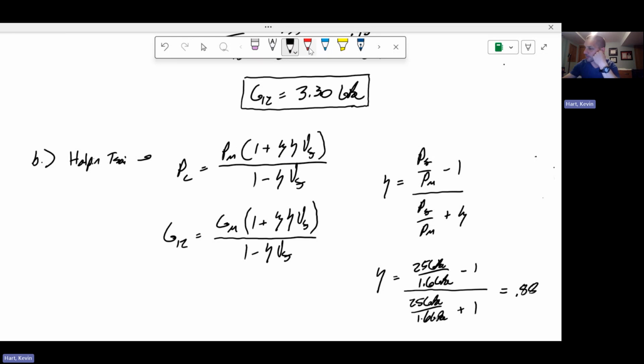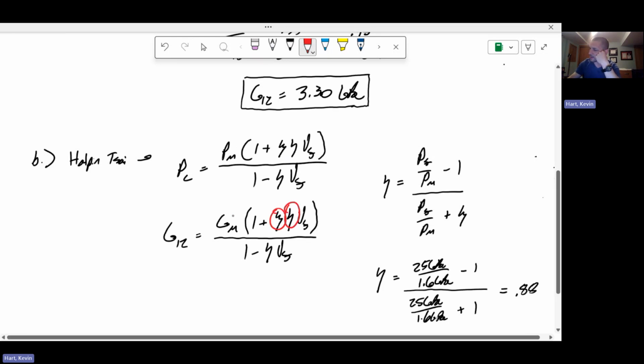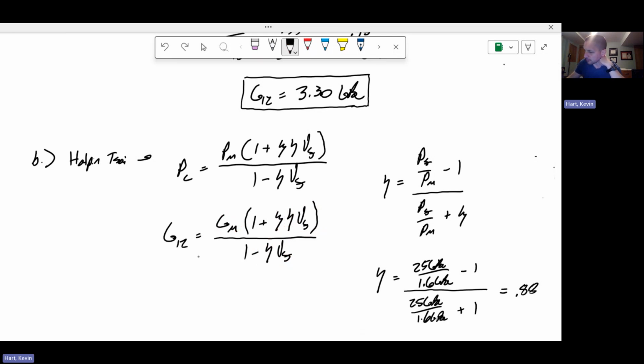Now we're ready for this formulation. All of these are known, so we can calculate the shear modulus.